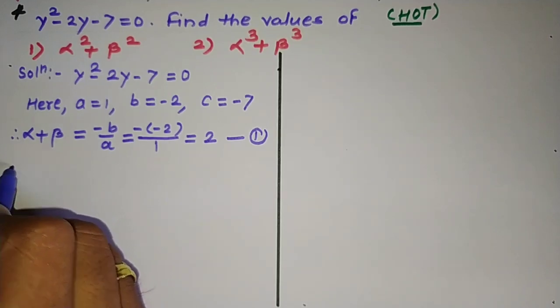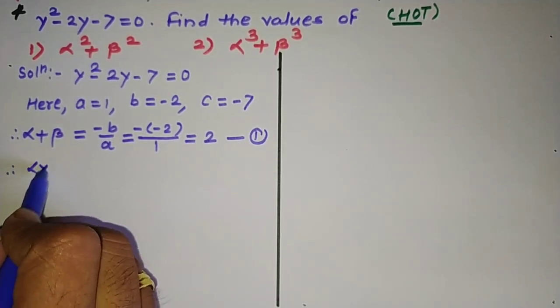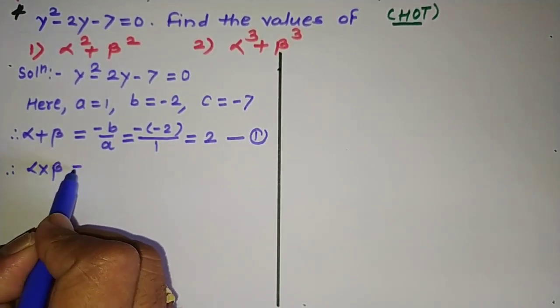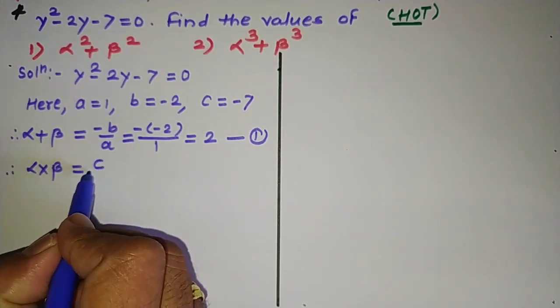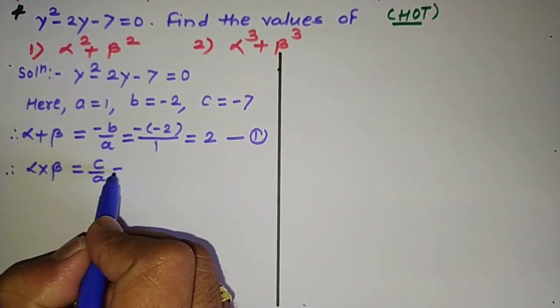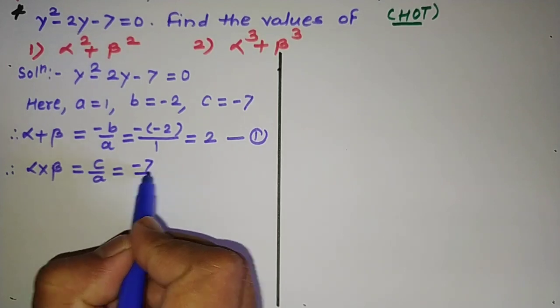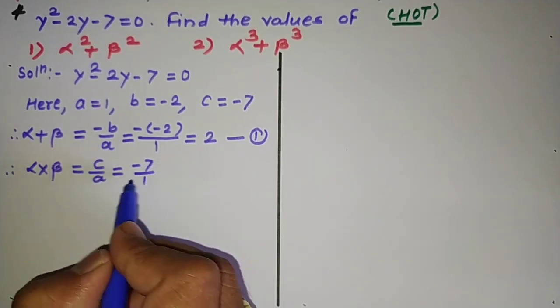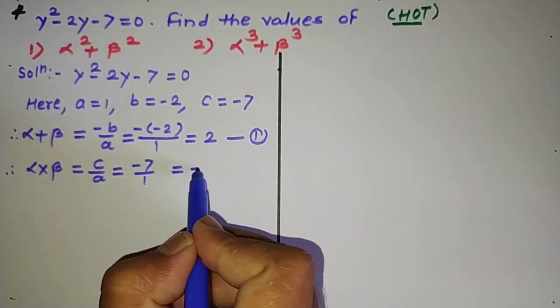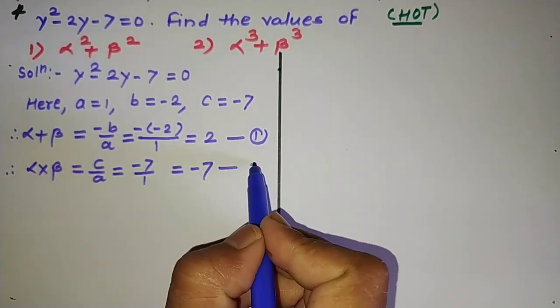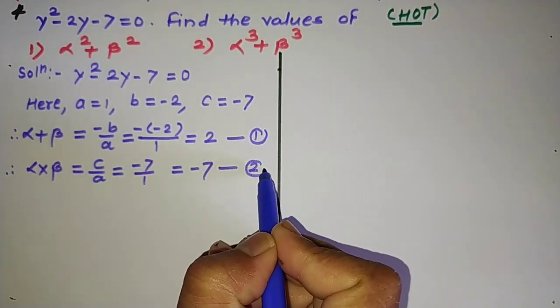Second, the product of two roots is equal to, formula, c upon a. Value of c is equal to minus 7 upon value of a is equal to 1, is equal to minus 7. This is the equation 2.